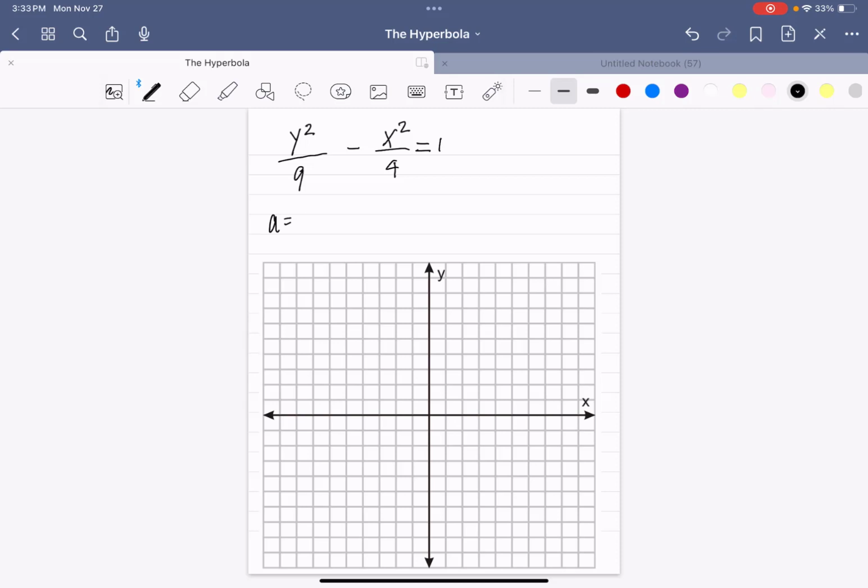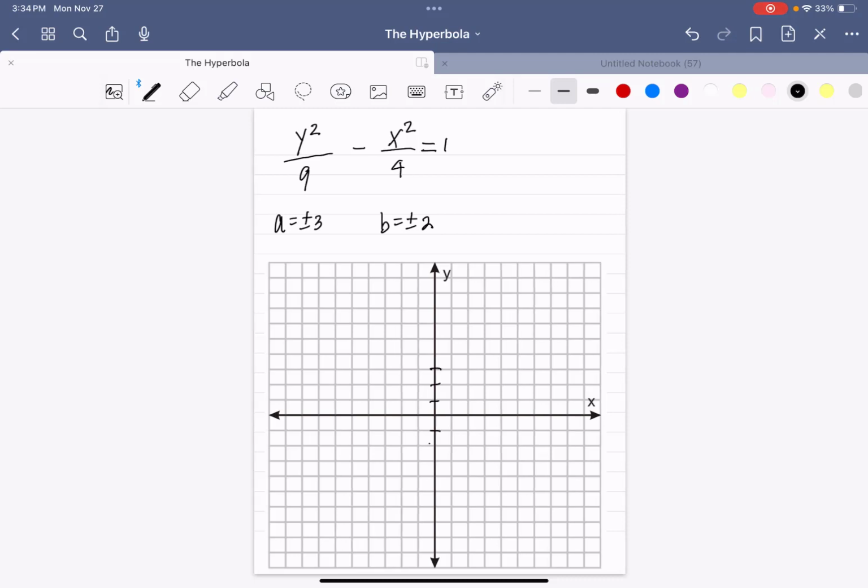So a is plus or minus 3, and b is plus or minus 2. 3 and negative 3, and then I go to 2 and negative 2 on the x. You've got to be careful with that. Then we're going to draw in our rectangle, so we can draw in our asymptotes.